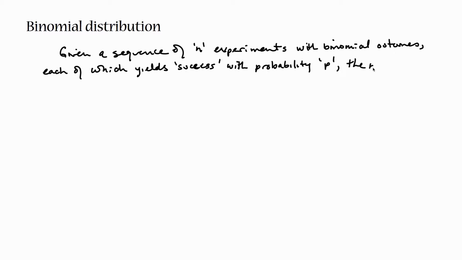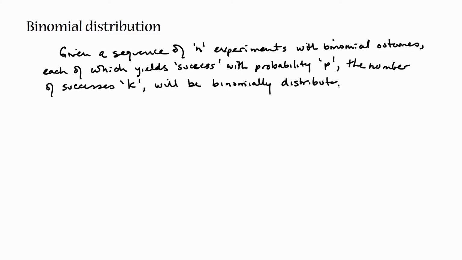The number of successes, so the number of times you get heads, or the number of times Schrodinger's cat is dead when you open the box, we're going to call that k. It will be binomially distributed. So that's a definition of the binomial distribution, which is discrete.